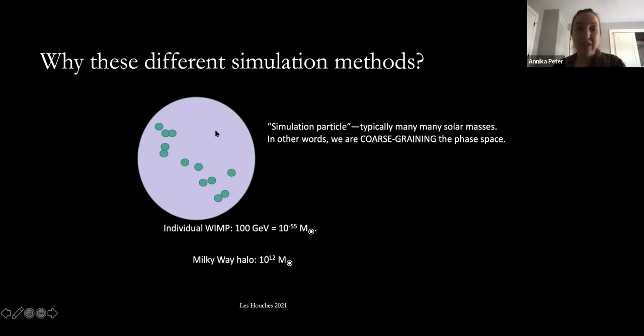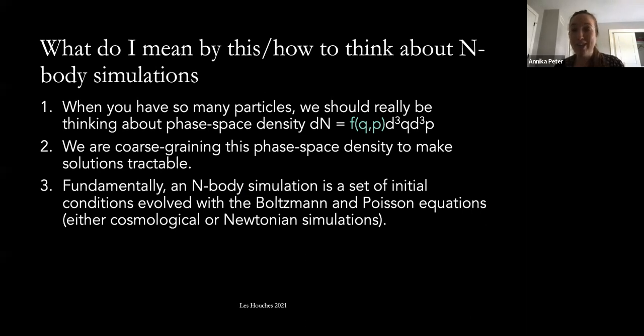And so another way of thinking about this is that we're really coarse graining the distribution function. So remember yesterday I told you when you're considering how to run a simulation or how you should think about your problem and methods of solution, when you're in the very high particle limit, you really ought to be thinking about phase space densities rather than individual particles.